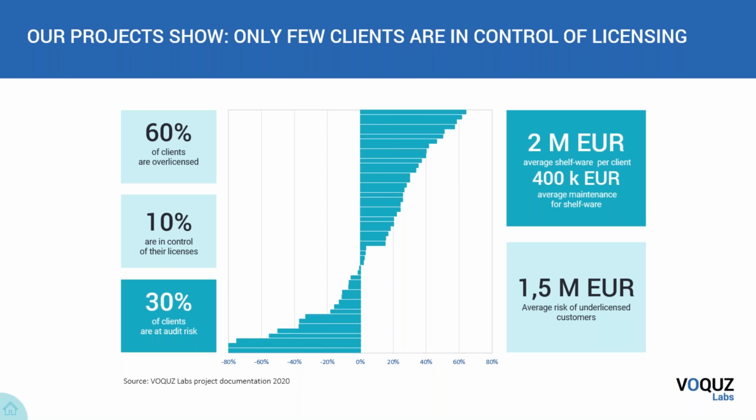And in terms of that assessment and the project work that we do with many customers, you can see on the right-hand side here that the value to customers on average is we find about 2 million euros of shelfware per client. And that ranges. It can go from small amounts, but on average it's about 2 million, and the average maintenance based on that 2 million, if you're working at a 22% maintenance base, comes out at about 400,000 euros on an annual basis.